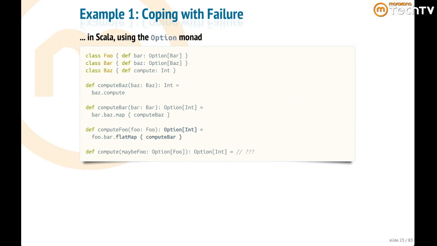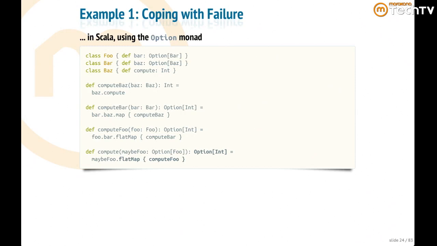So what we'll do here is say foo.bar, which gives us an option, and call flatMap on that with compute bar. And then finally, we can define our compute overall similarly, saying, we'll take our maybe foo and flatMap compute foo on that, because compute foo, again, is a monadic function or monadic method.